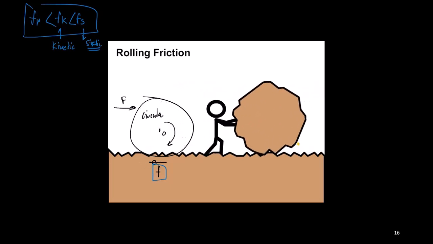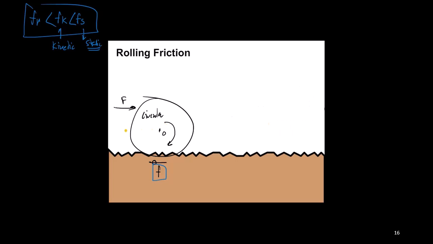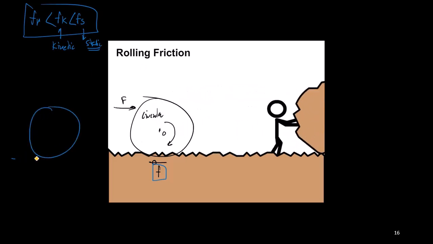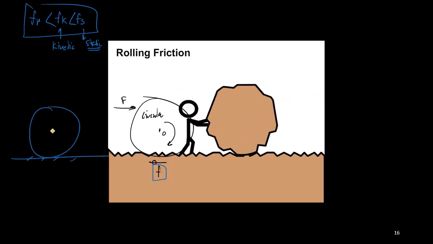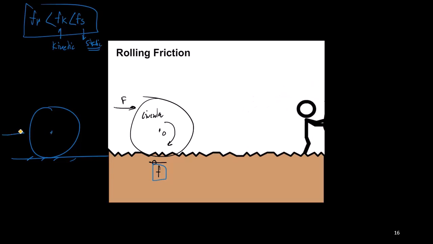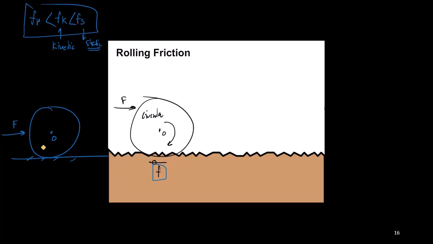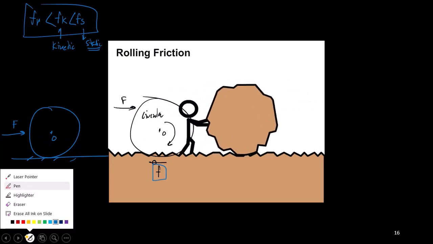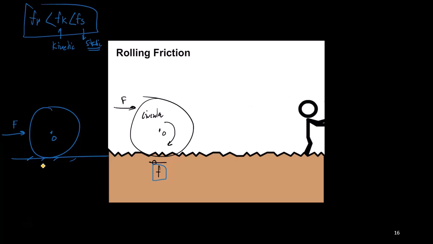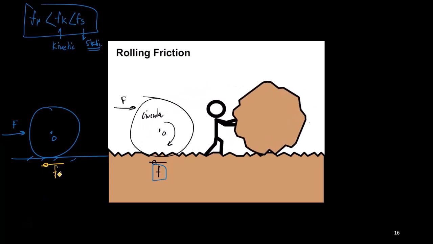But say you want to push the object. For the same object, if I try to push it, then the force applied will be more. Let us say this is a circular object lying on the surface. If I apply a force passing through the point O, this force has no turning effect. So with this force I am trying to push the object, and the surface will give a frictional force, which is basically Fs, static friction.